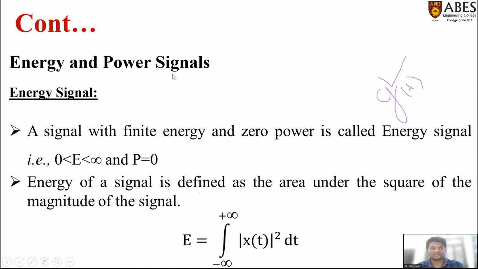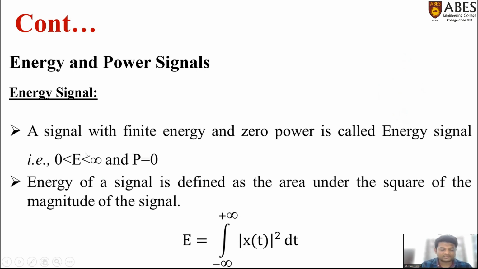Now, energy and power signals. We can define a signal in two ways, whether it is an energy signal or a power signal. Here is the condition: a signal with finite energy and zero power is called an energy signal.